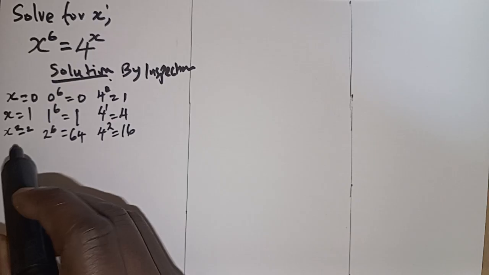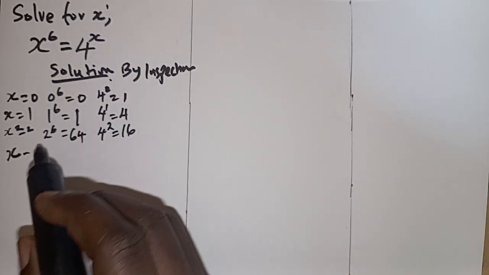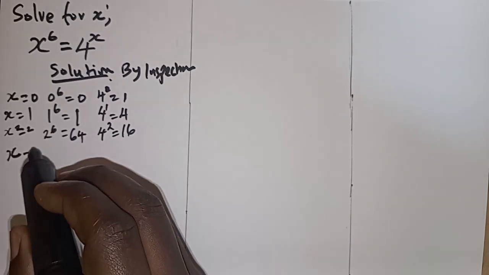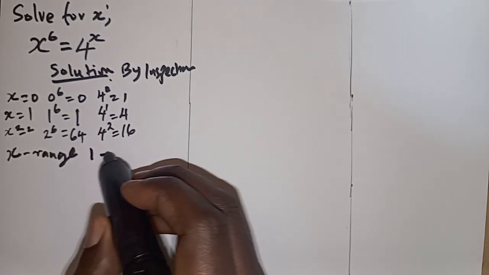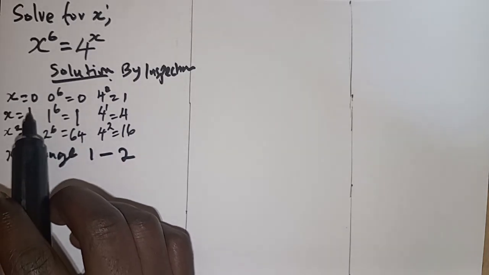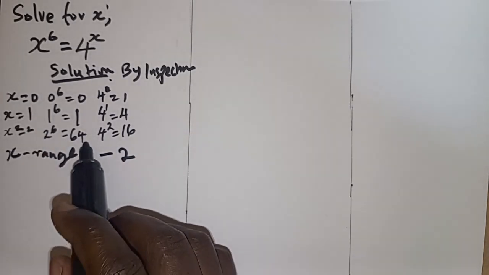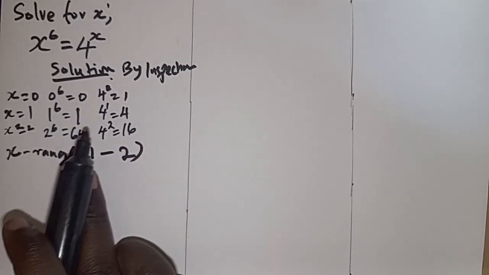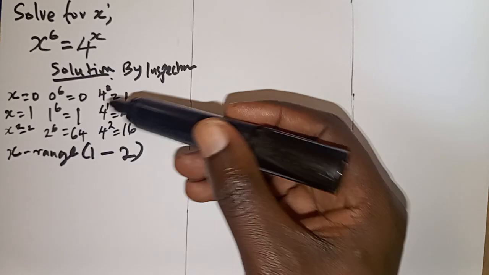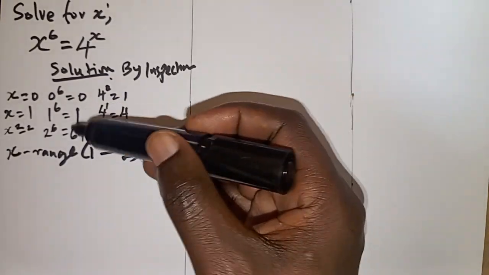So I can say that my value of x will be in the range between 1 and 2. That is where I'm going to get my value of x, because this is 1 and this is 64, and this is 4, this is 16. It's inside there.